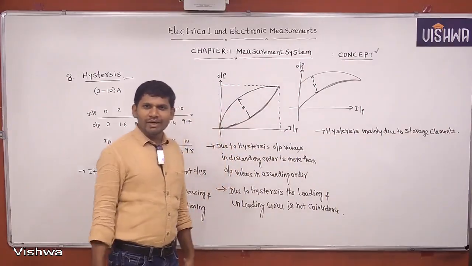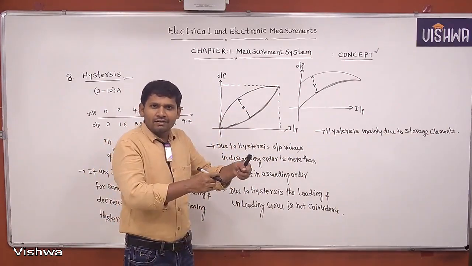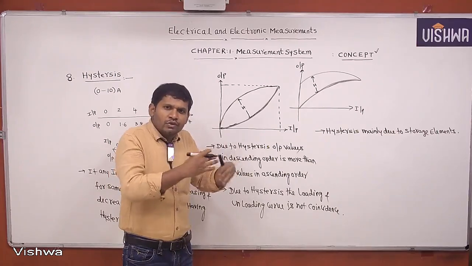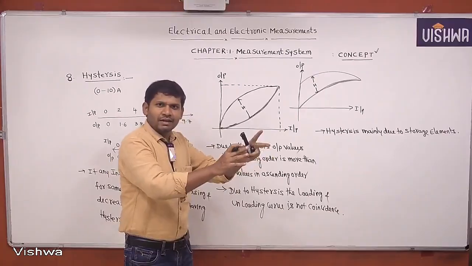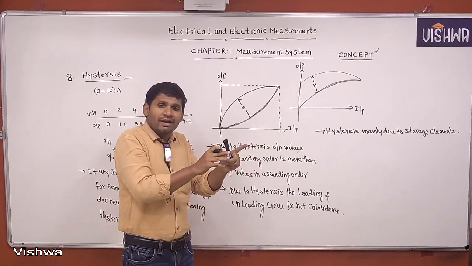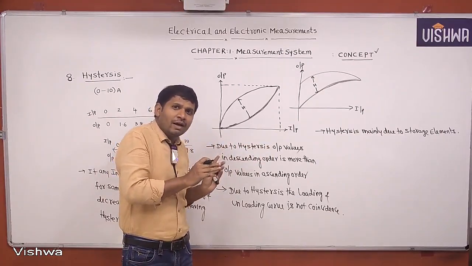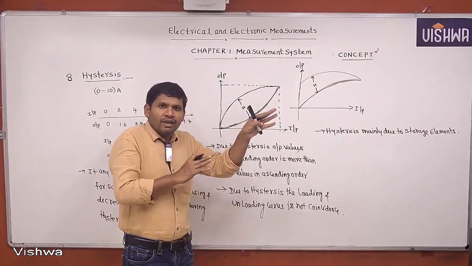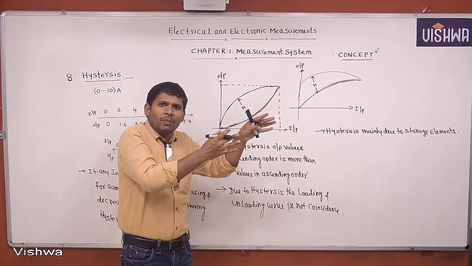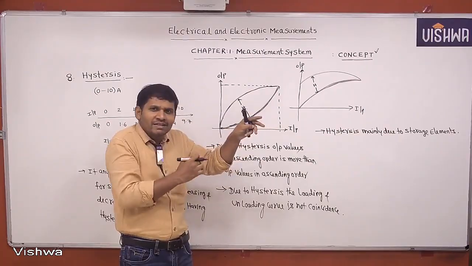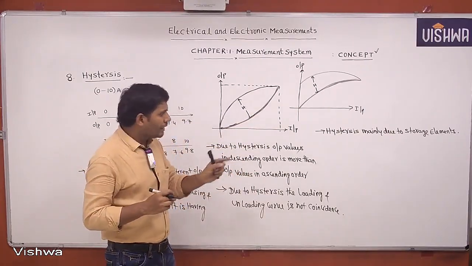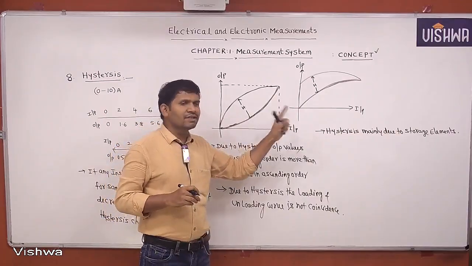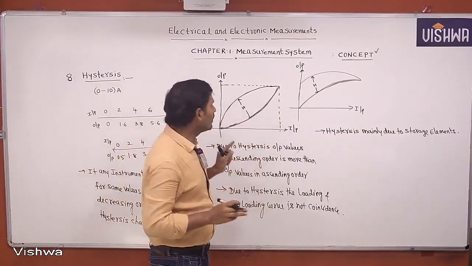Whenever storage elements are present, in increasing order the storage will store the energy. In decreasing order, it cannot respond suddenly. So the property offered by the storage element in the decreasing order is not the same as in the increasing order. That's the reason we get different values. That means the reason for hysteresis is mainly the storage element.